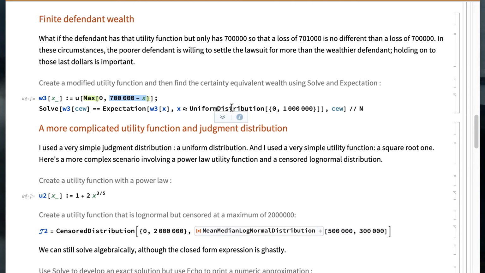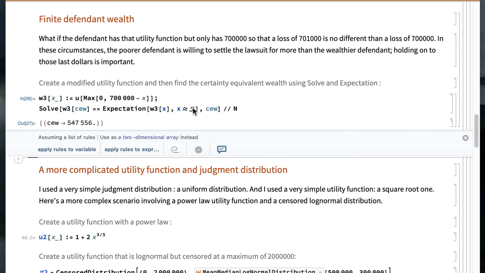And really, I'm not sure why I didn't use script J here. We'll fix that. Okay. And so now we're going to do this same algebra where we're going to say what amount of wealth, if held with certainty, would produce the same expected utility as we see here. And if we run that, we get $547,556.